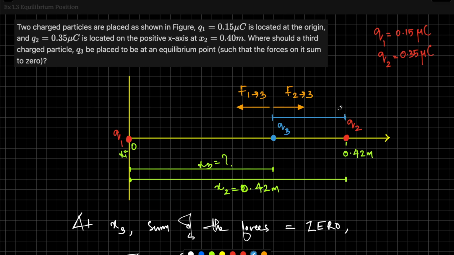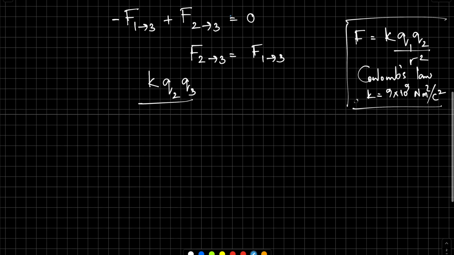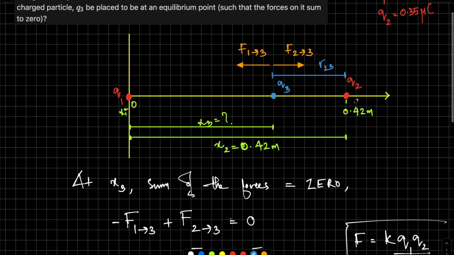Let's call it R2, 3. How do you find R2, 3? This is R2, 3, right? So this distance is equal to the total distance, that is the distance from Q1 to Q2, minus this distance.